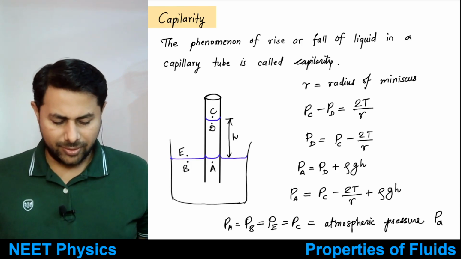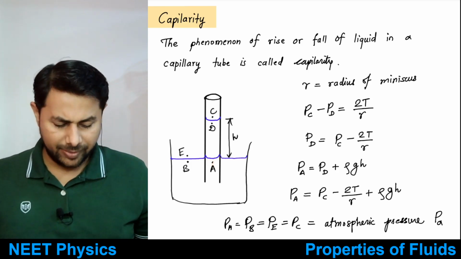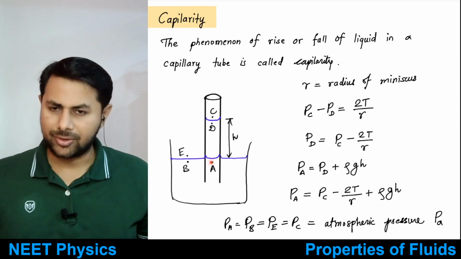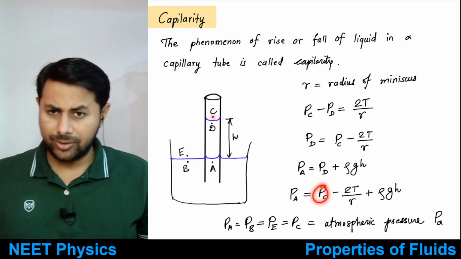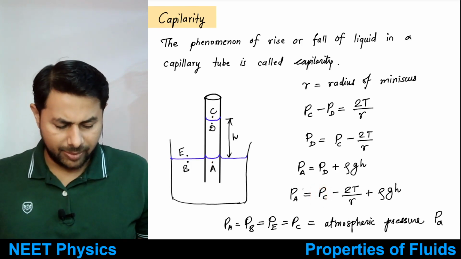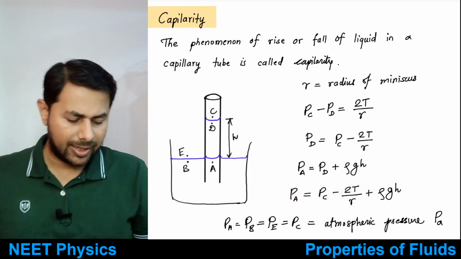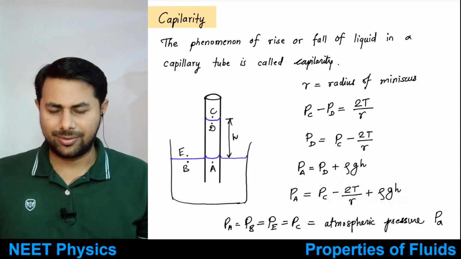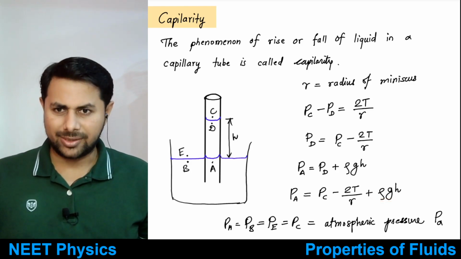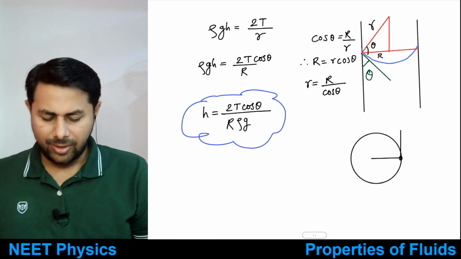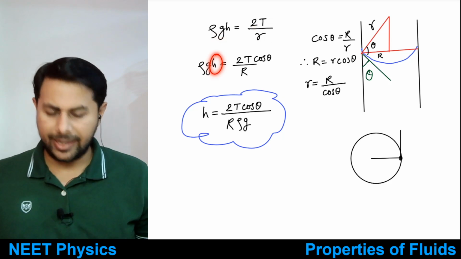So pressure at point A is also the atmospheric pressure, and pressure at point C is also equal to the atmospheric pressure. Therefore you can just cancel it out, and what you get is minus 2T by R is just equal to rho GH. Or rho GH is equal to 2T by R, and then we wanted to find H.